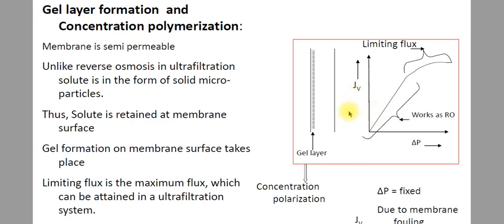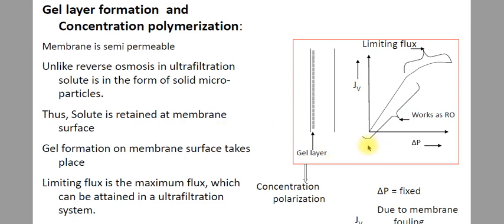In reverse osmosis, when you plot Jv versus delta P, where Jv is the flux of water and delta P is the pressure, because it is a pressure driven process, when you increase the pressure, the flux will increase because the driving force will increase. This is true for both reverse osmosis as well as ultrafiltration.